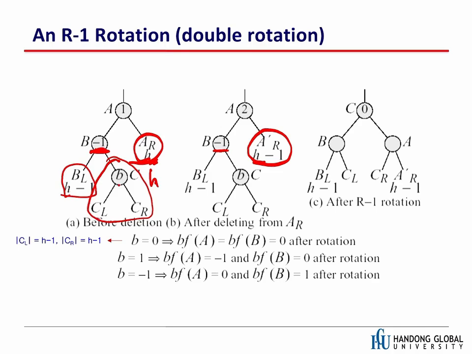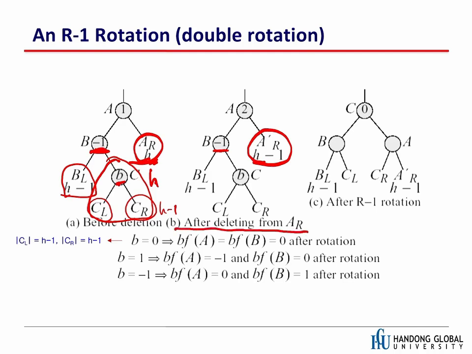And the maximum height of this one or this one could be H minus 1. So the height of CL can be H minus 1 and height of CR can be H minus 1. So depending on this B, we can have different BFs after rotation, but let's talk about the rotation first.